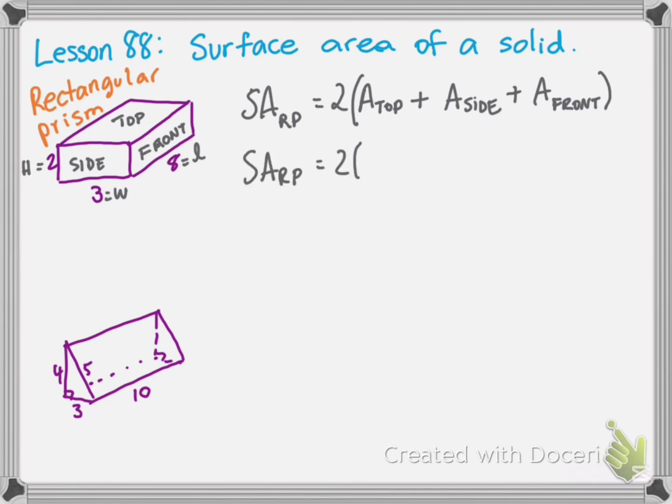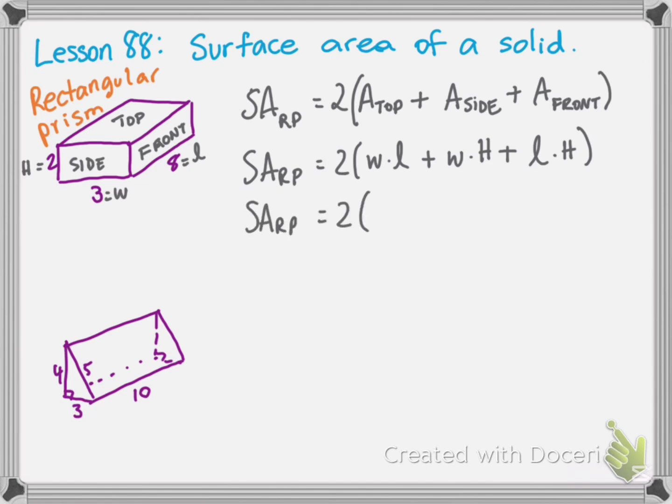For the top, we are going to multiply the width times the length. For the side, it's the width times the height. And for the front, it's the length times the height. Notice how we just multiply everything times everything. We just multiply all of them. And then after we add them, we multiply times 2.